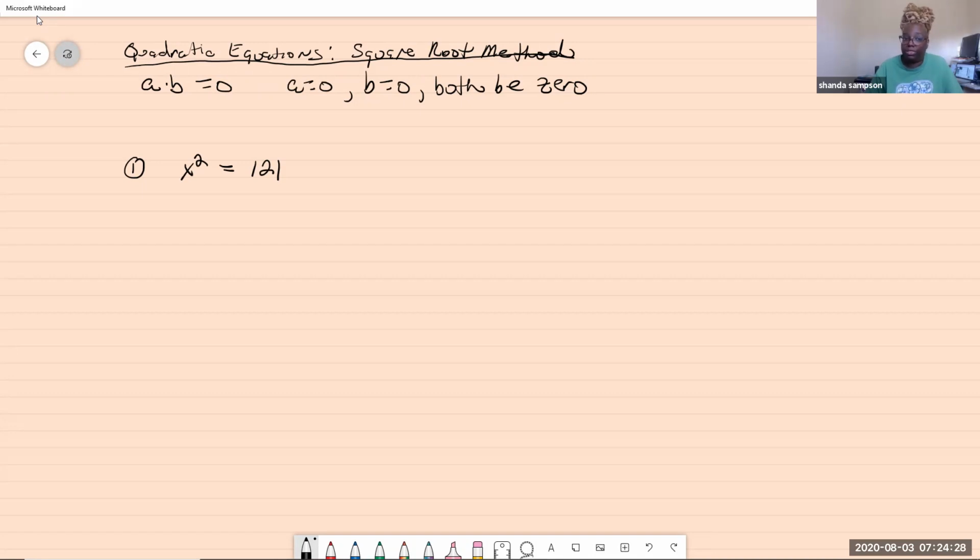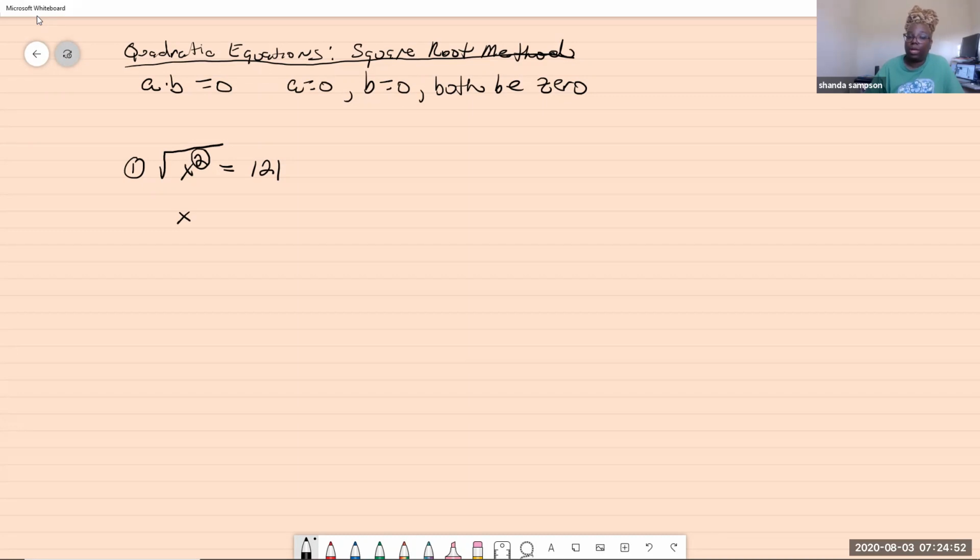The part most students forget is that a square really means you're going to get two answers. So to get down to x, we have to take the square root.